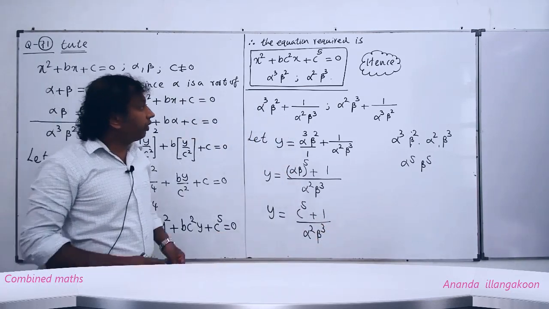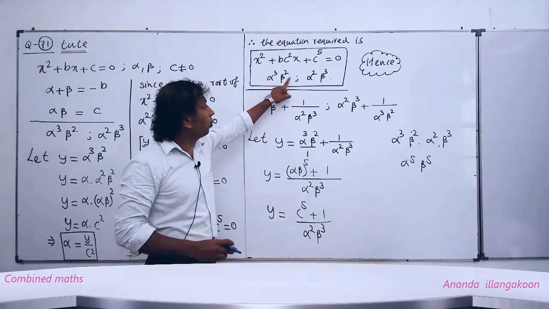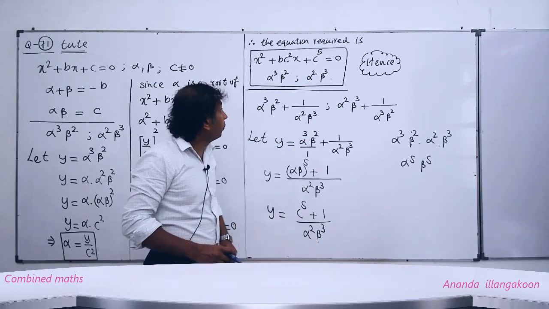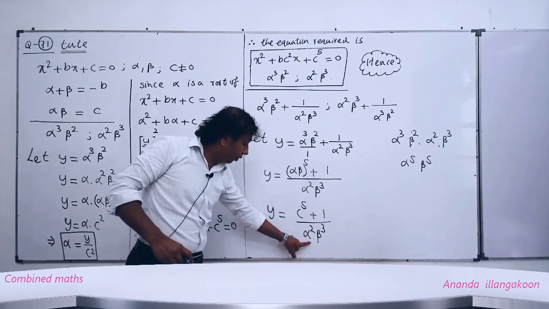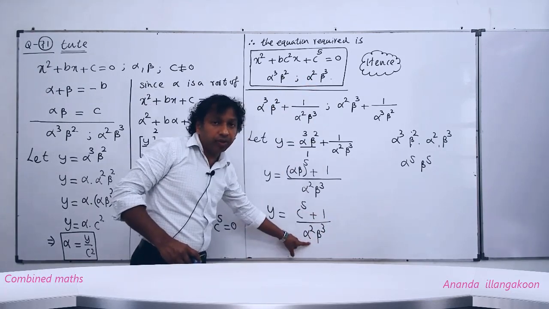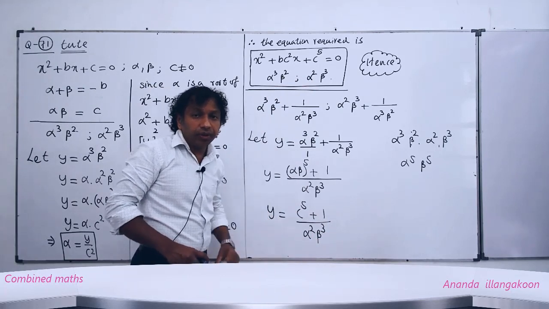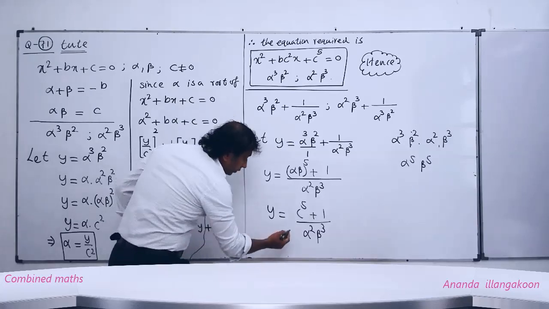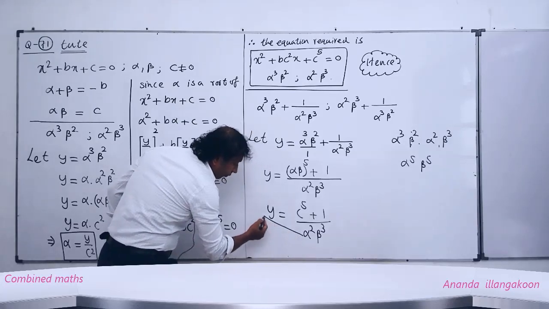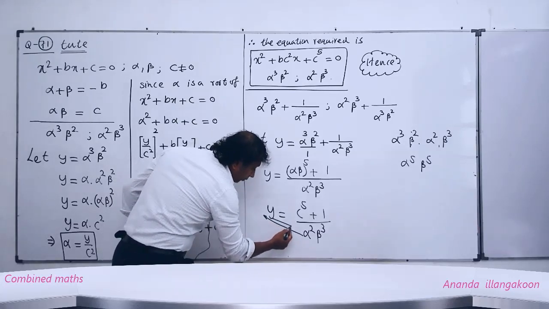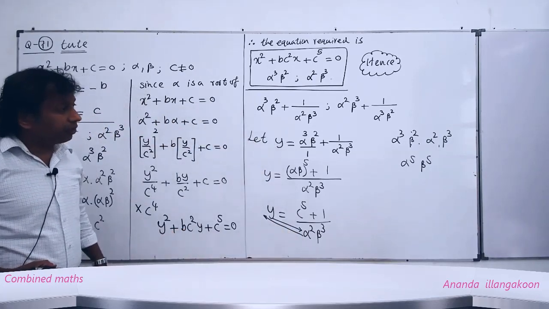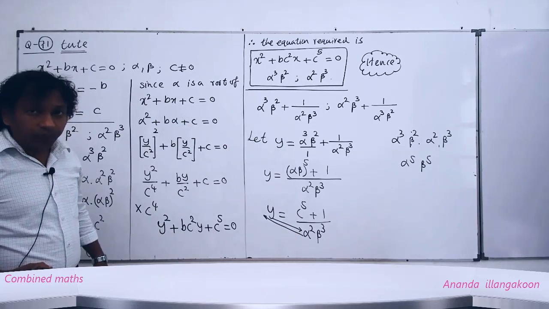Now, we said we need to make this or this the subject in terms of y. But alpha squared beta cube is what we have here, and only that one now has to be the subject in terms of y. To make alpha squared beta cube the subject, what I do is bring this part to here and this y to here. Understand? Thereby you can make alpha squared beta cube the subject in terms of y.